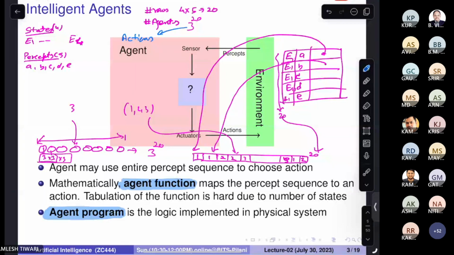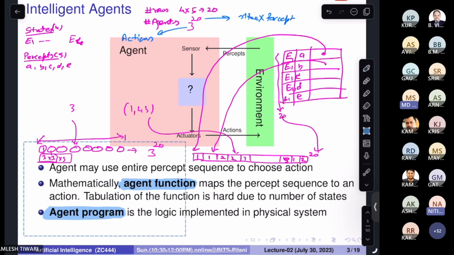And the exponent is state multiplied by percept. These many functions are there. Everybody happy? Yes. Got it. No questions. Okay.